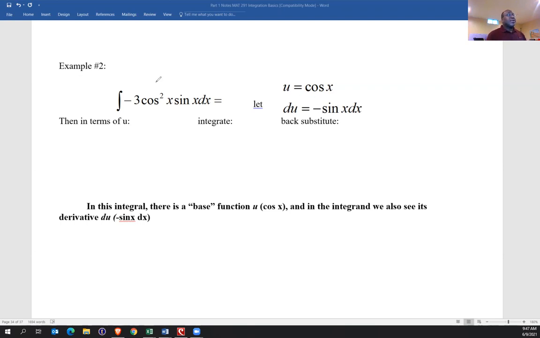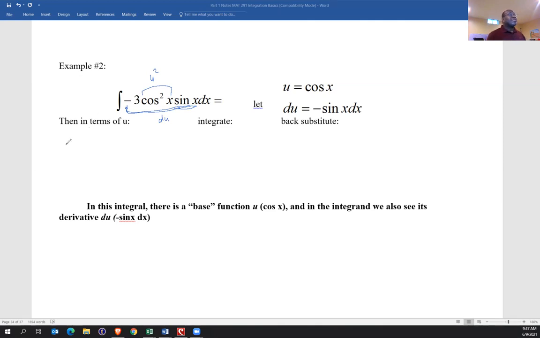And so what do we see here? For the cosine squared of x, we know that's going to be our u squared. And then the negative and the sine of x basically combine to be du. All right, so the 3 is a constant. We'll bring that down.